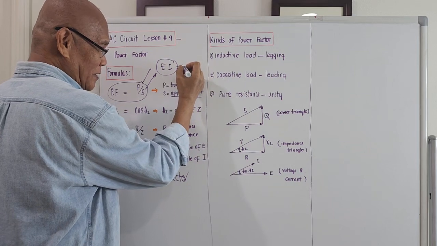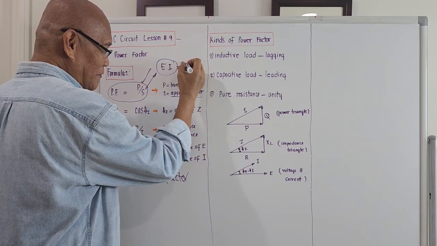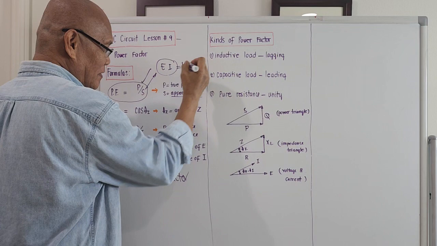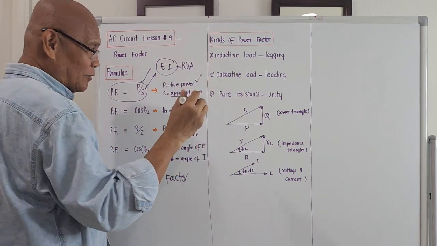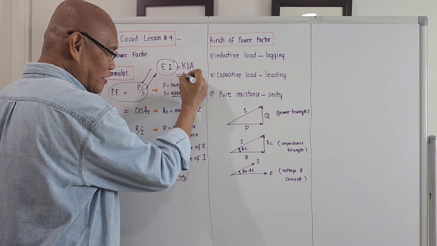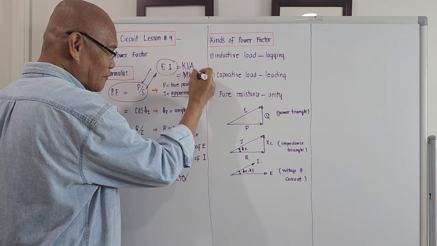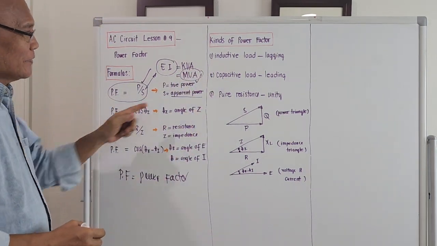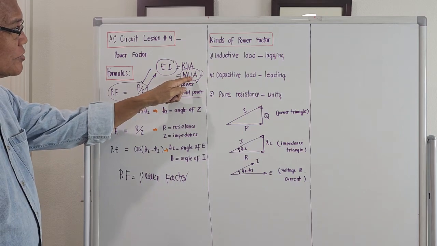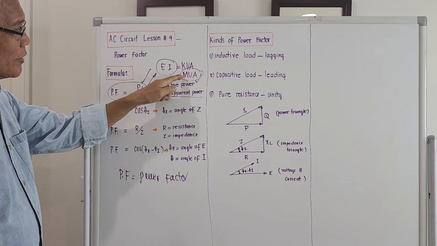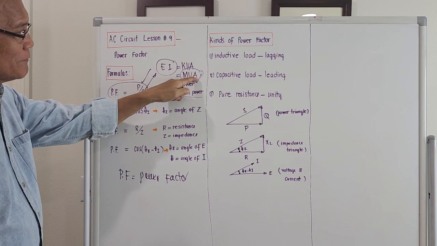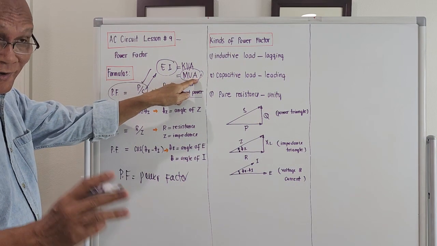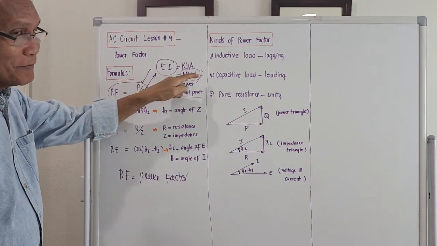If it is a smaller company, it could be kVA maybe. But if you are a multi-million company, maybe your consumption is MVA, million volt ampere. If the volts is small, for it to be million, the current should be big. That's why it is million volt ampere.